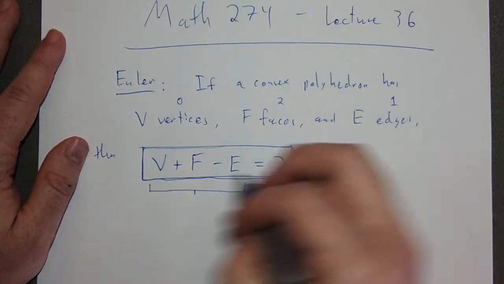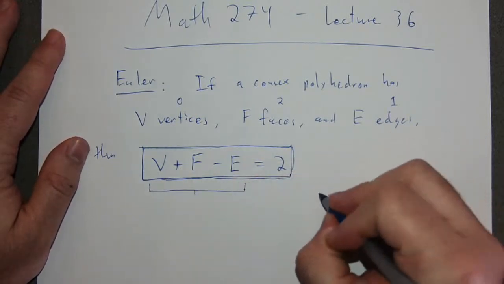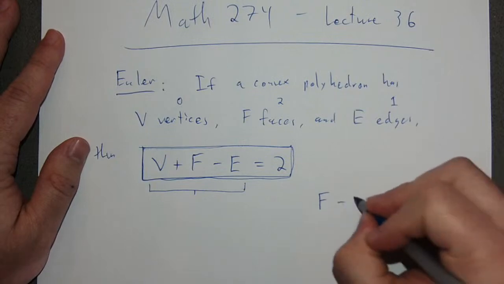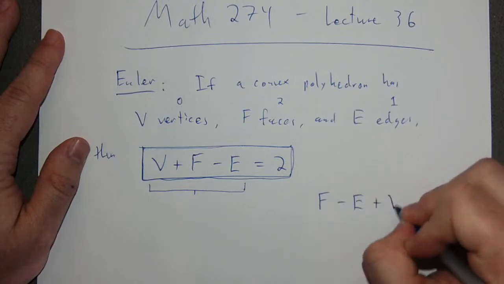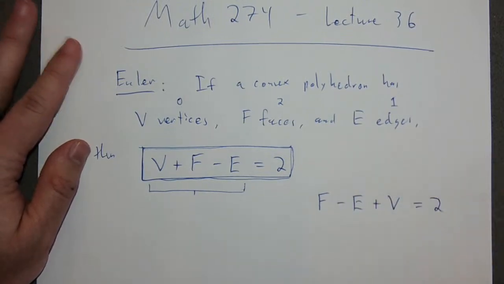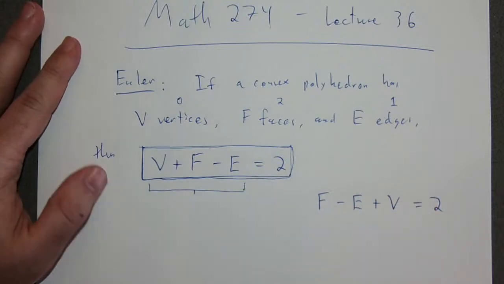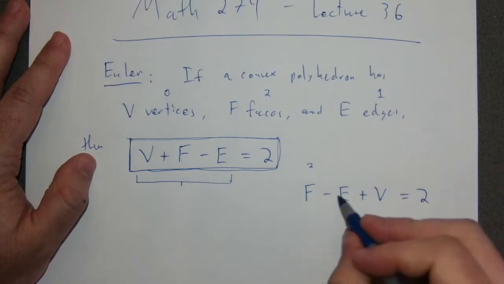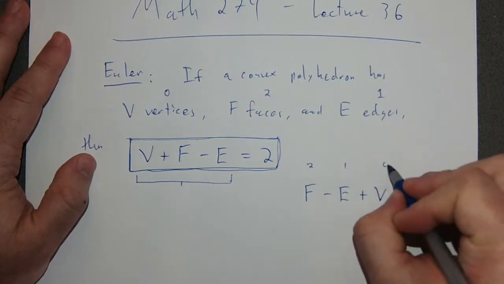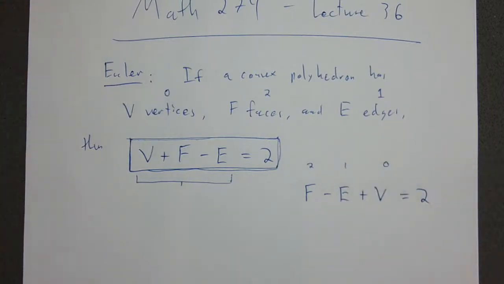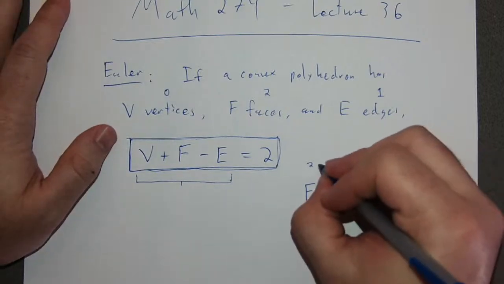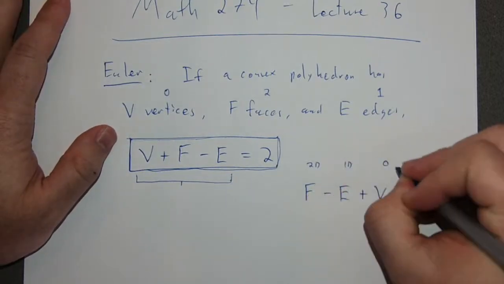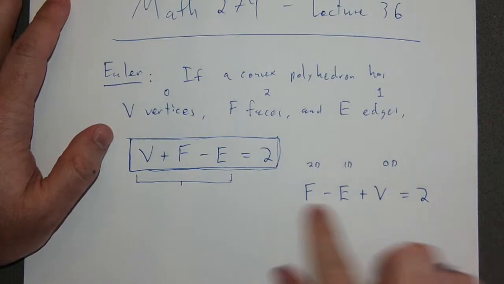I'm going to rewrite this as faces minus edges plus vertices. This is the same thing, and this is 2. The reason I'm writing it like this is so that it goes from two-dimensional things to one-dimensional things to zero-dimensional things. So 2D, 1D, 0D, right?